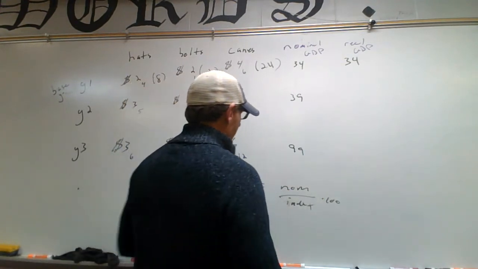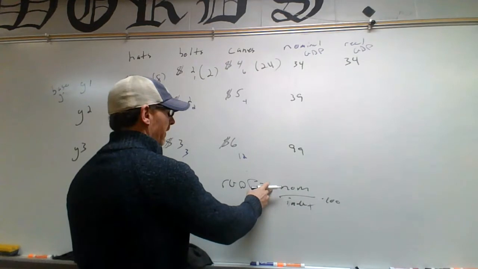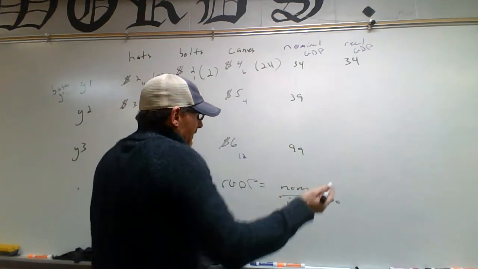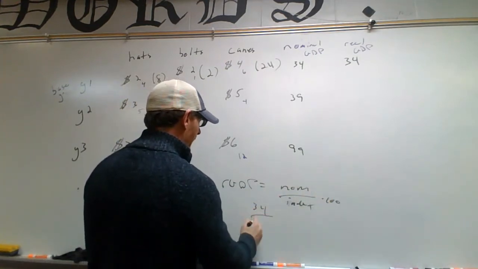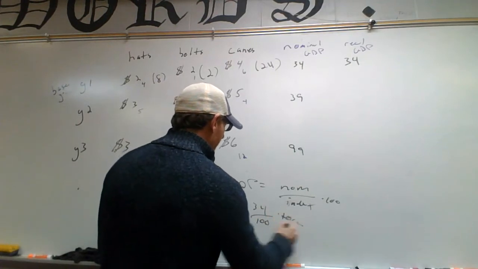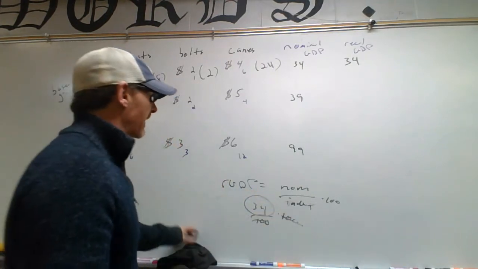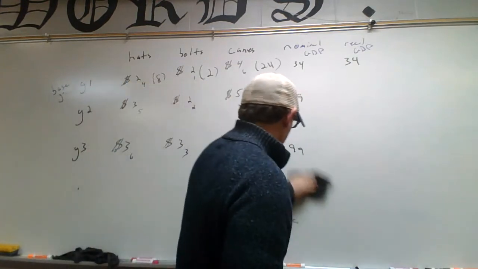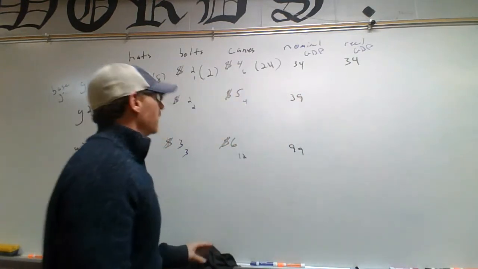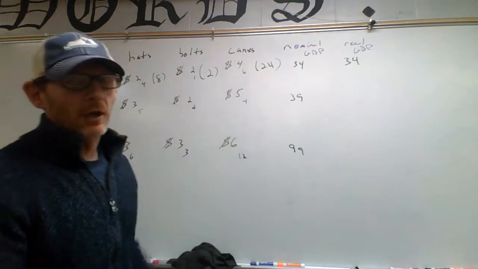If this is 34 over 100 times 100, then it ends up being 34, right? 34 over 100 times 100, right? So the nominal ends up being the real. It ends up being the same thing, right? So that's good to know. In the base year, nominal is always real.